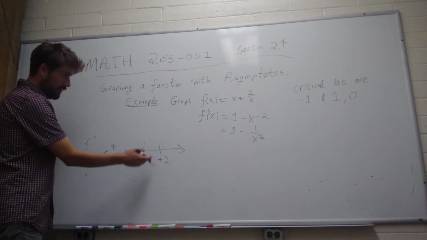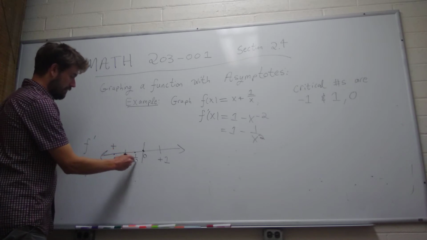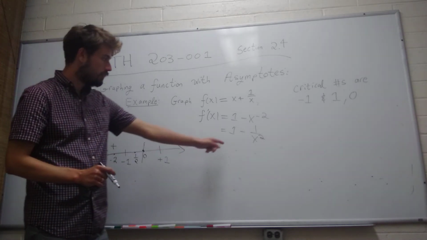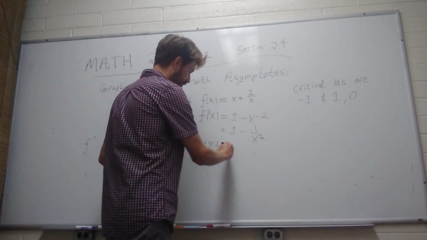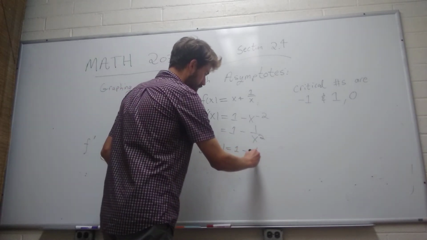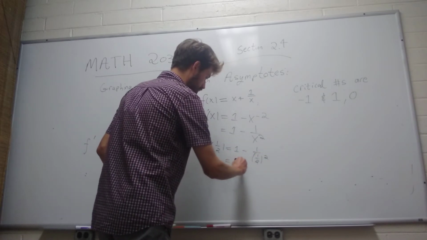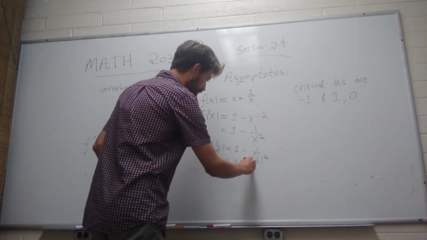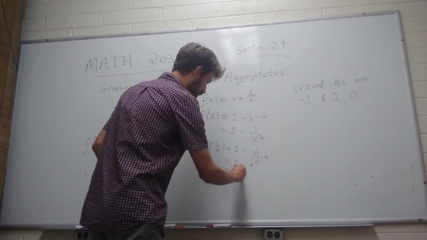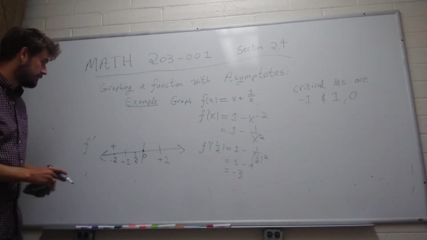Between negative 1 and 1, if we just pick our favorite number, let's say a half. Well, in that case, when you plug in a half here, what do we get? That's the same as negative 3. F prime of 1/2 is negative 3.